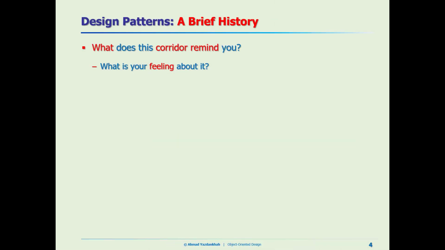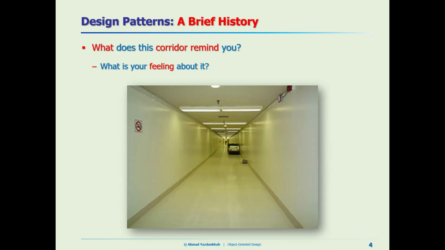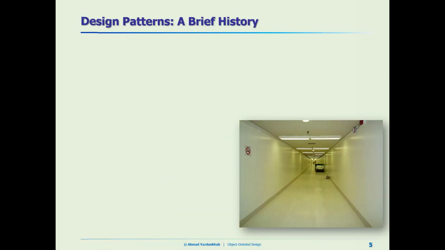First, tell me what is your feeling about this corridor? If you look at that, what does it remind you of? All right. Okay. So it's a little bit scary, right? Yeah.